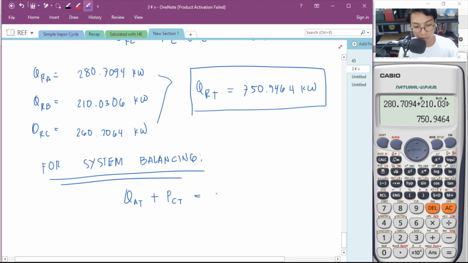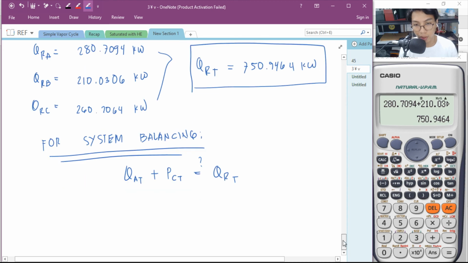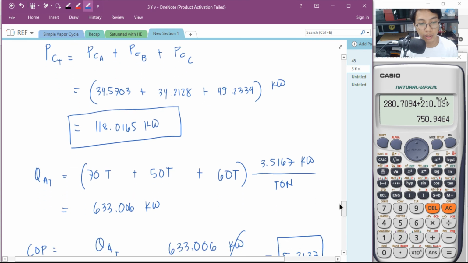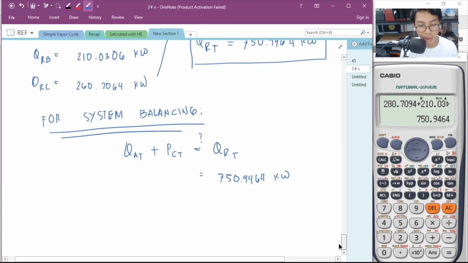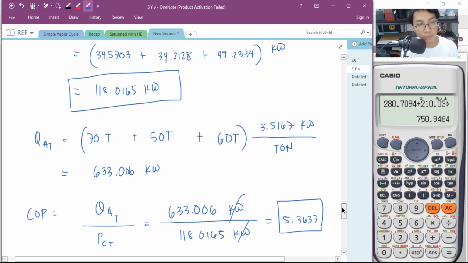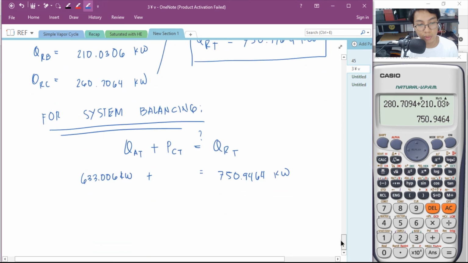Check natin. Okay? Nakalagay dito, QR total, that is 750.9464 kilowatt. Eh, yung QA natin, QA total, that is 633.006 kilowatts. Plus, compressor power, that is 118.0165.